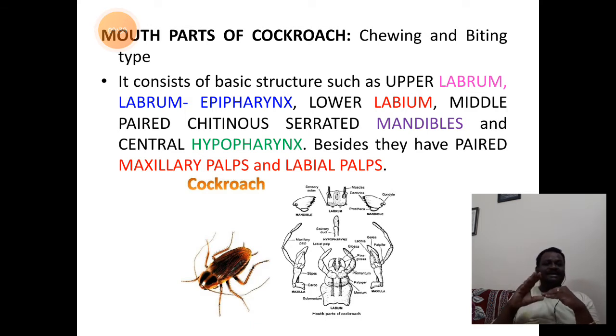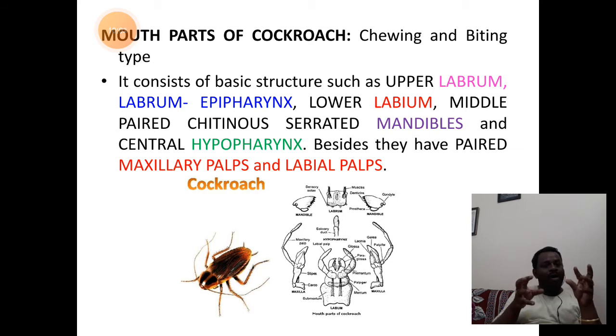The third part is labium. Labium forms the lower lip of the organism. Now, along with these 3 structures, they do have a pair of chitinous hard parts referred to as the jaws.